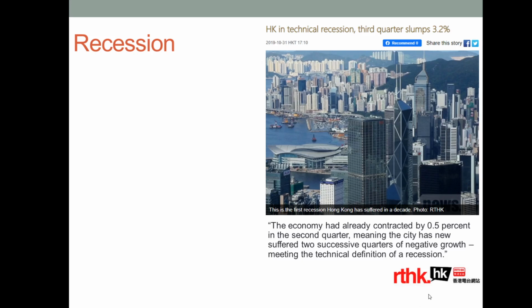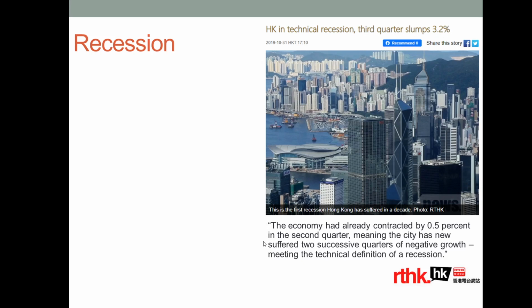So from RTHK, the government announced that Hong Kong is now in technical recession because in the third quarter of 2019, the GDP decreased by 3.2%. So this is what we are talking about, the negative economic growth percentage. It dropped by 3.2%. So this is the third quarter.